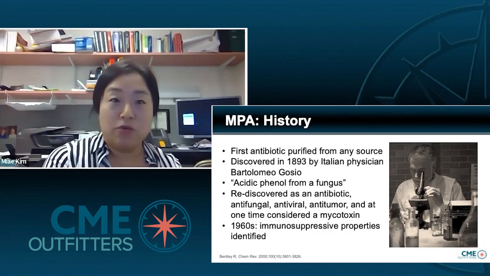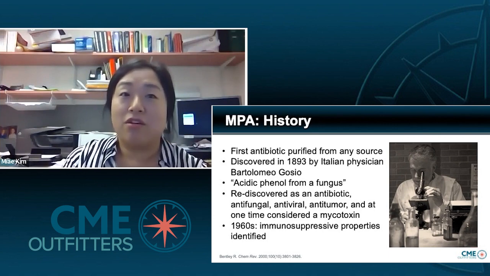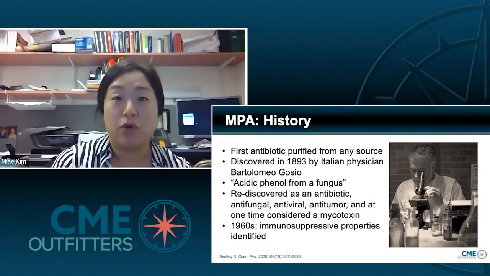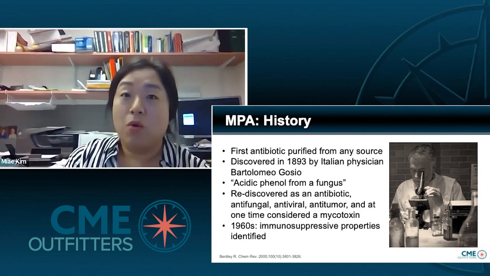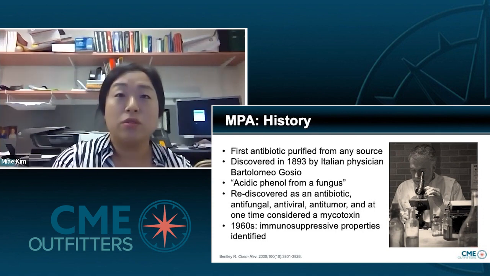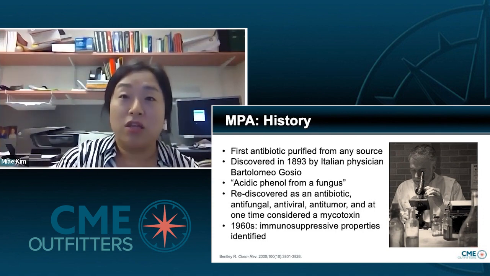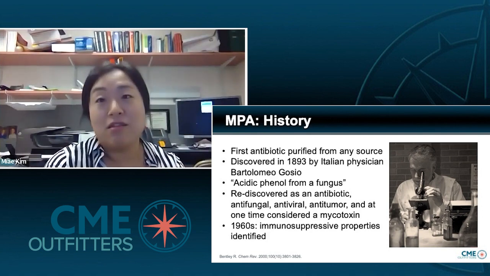For a little bit of history that I found very interesting, the drug compound has been around for a long time. It was in fact the first antibiotic ever purified from any source, going way before the discovery of penicillin, as early as 1893.